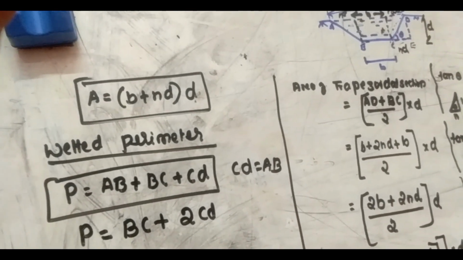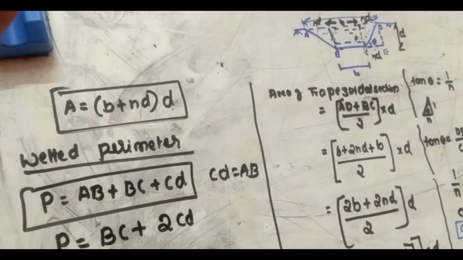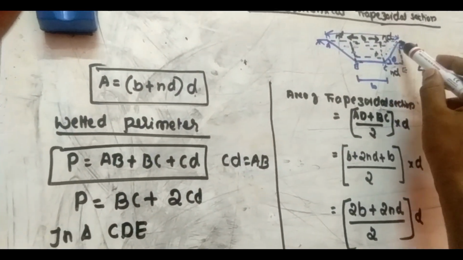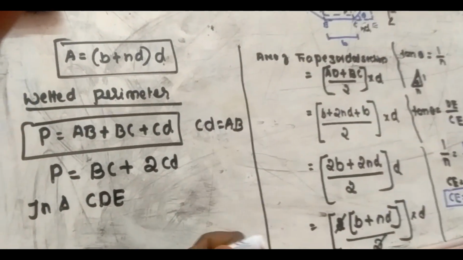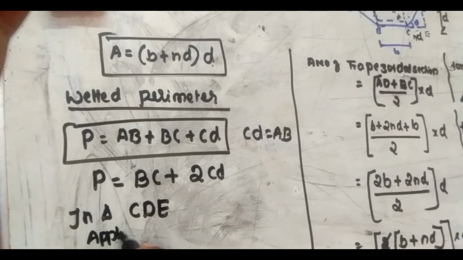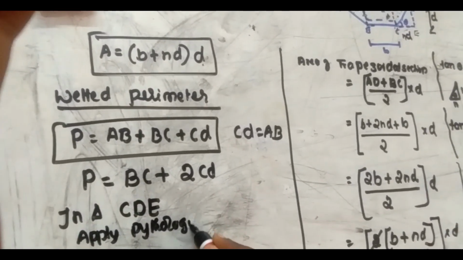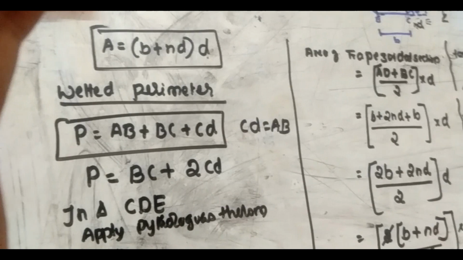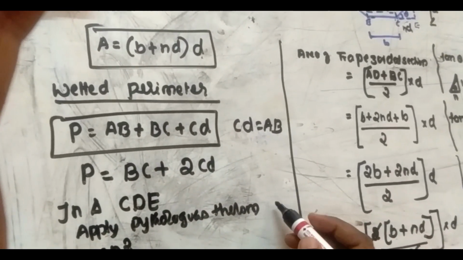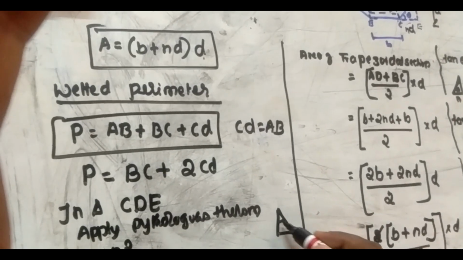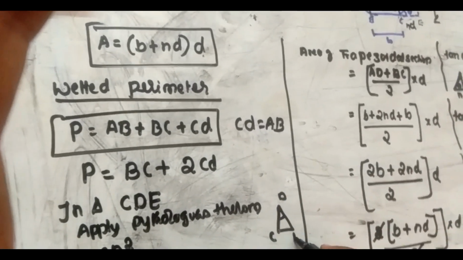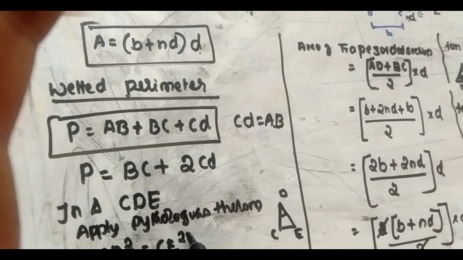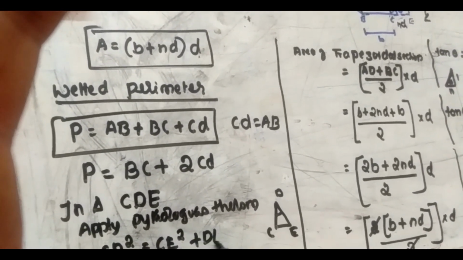So taking the triangle CDE, we apply the Pythagoras theorem. CD square in triangle DCE is equal to CE square plus DE square.